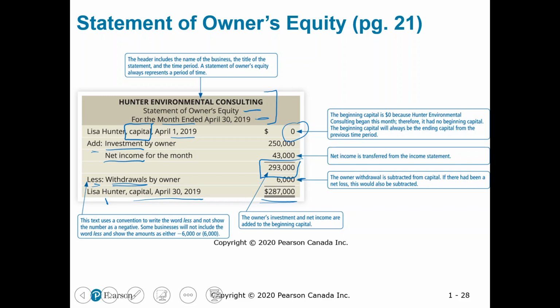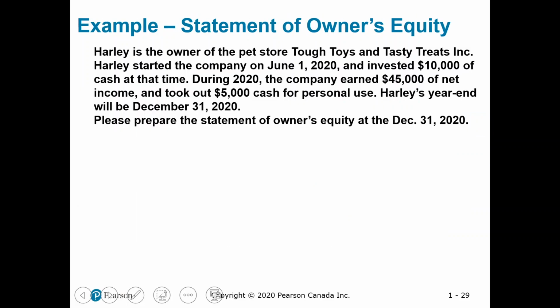So let's go through an example of our own to create a statement of owner's equity. Here in our example, Harley is the owner of the pet store Tough Toys and Tasty Treats. As I said, Harley is my pup. You guys will meet her over the year if you haven't already when you're watching this.